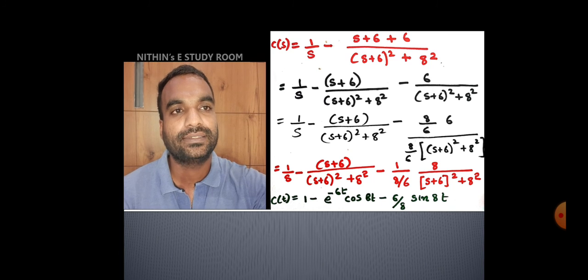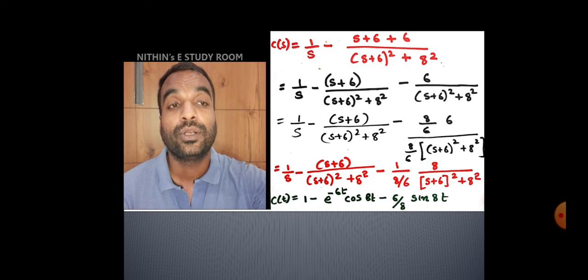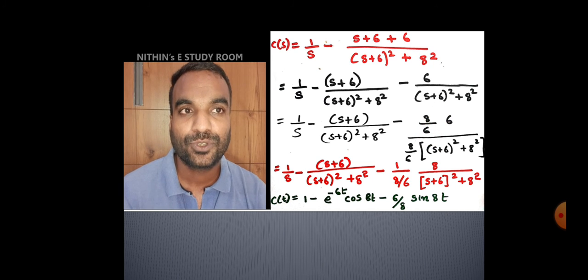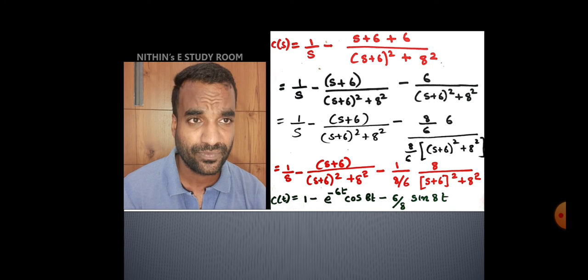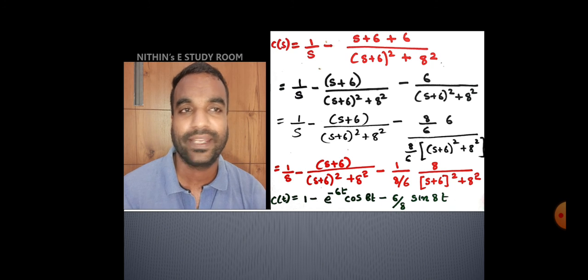For avoiding 6 you have to divide with 6, and for planting a new 8 you have to multiply with 8. So 8 by 6 is the solution. You have to multiply numerator and denominator by 8 by 6.